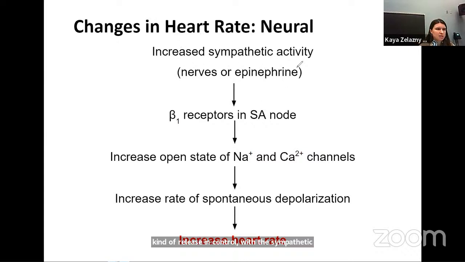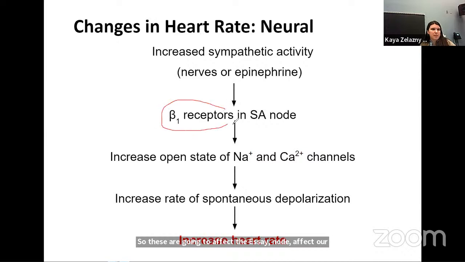Okay. So if we have an increase in our sympathetic activity, an increase in this fight or flight response, we are going to be releasing epinephrine and norepinephrine. Okay. So these are going to affect the SA node, our sinoatrial node, by binding to beta-1 receptors.